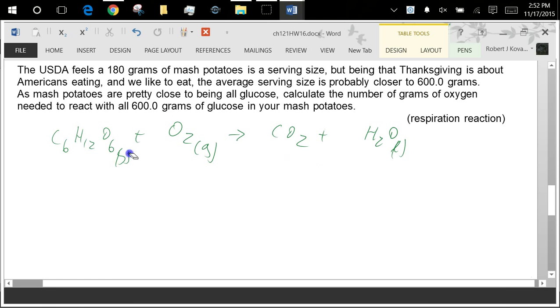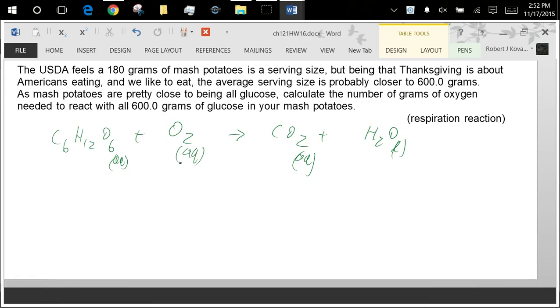Actually, if we really want to do this correctly, since we're talking about eating, why is it aqueous and liquid? Well, where's this reaction happening? In your cells. So there's a bunch of water there. So the glucose is dissolved in the bloodstream and in the cytoplasm in this case. The oxygen must be dissolved in the bloodstream and the CO2 must be dissolved in the bloodstream.